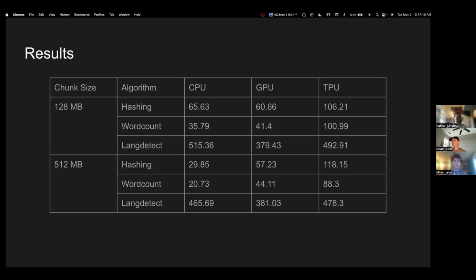These show the same thing as the graph, just showing that on the simpler algorithms such as hashing and word count, it was slower to use the GPU and TPU in most cases, but when we went to langdetect, it got faster. Just showing that the more computationally intensive ones were much faster with the GPU and TPU accelerators.